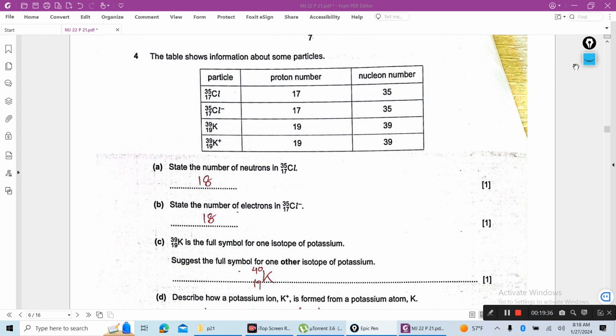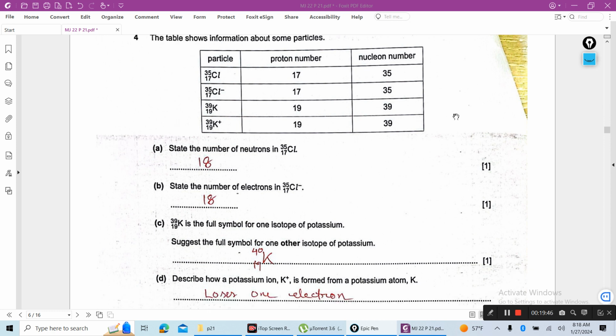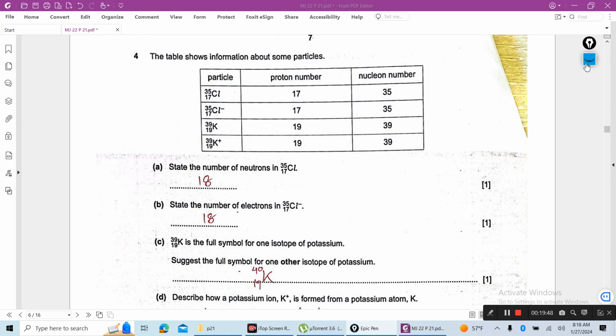Now this is the 4 number question. Particle symbols are given with their proton number and nucleon number. You know, nucleon number means mass number.